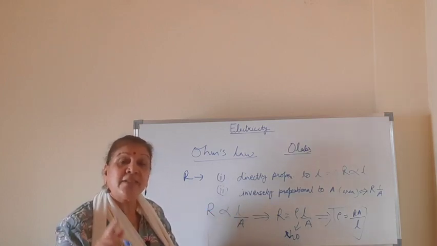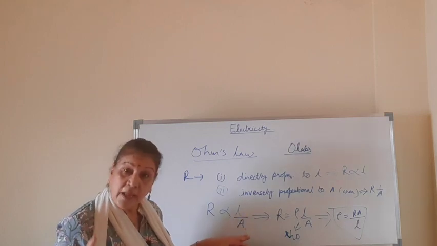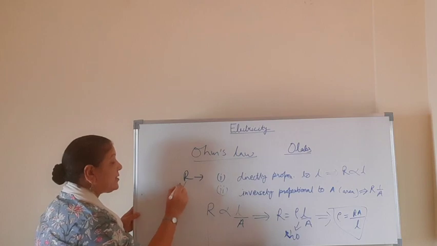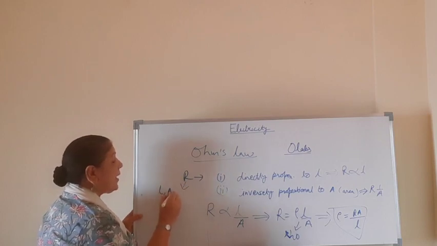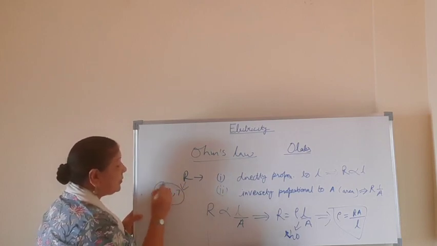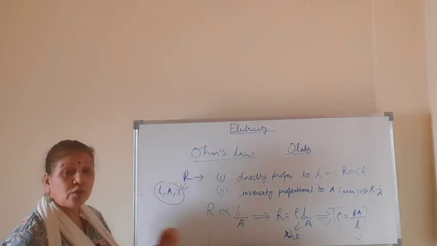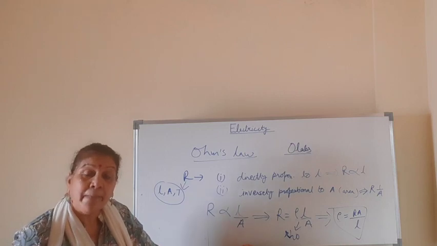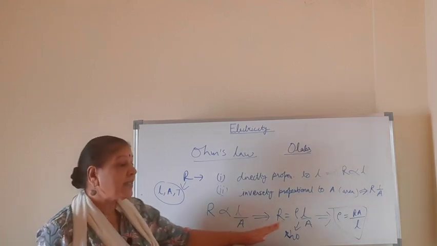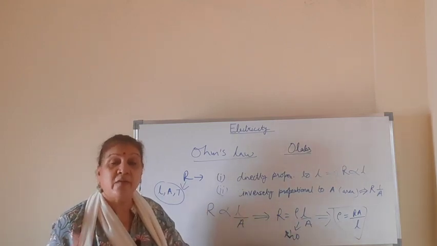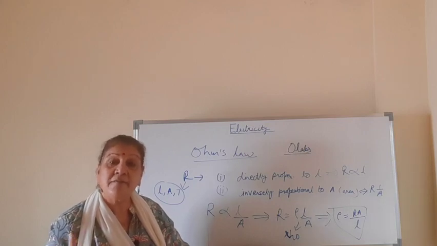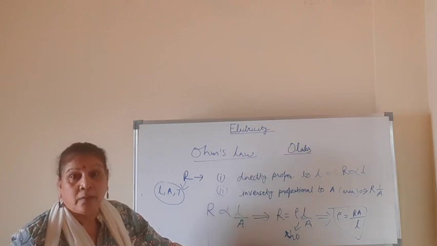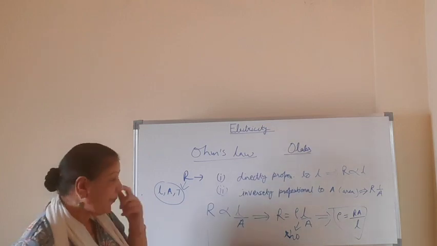This resistance depends on the length, area of cross section and the temperature: directly proportional to L, inversely proportional to area of cross section, directly proportional to temperature. But the resistivity will only differ from material to material. It does not depend on the physical dimensions of the conductor or of the wire.